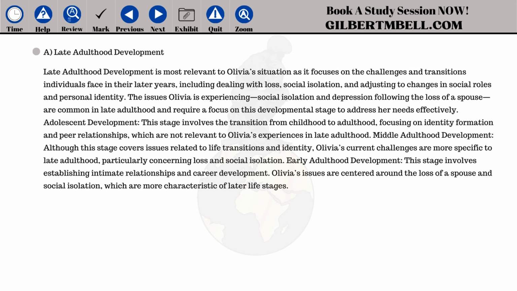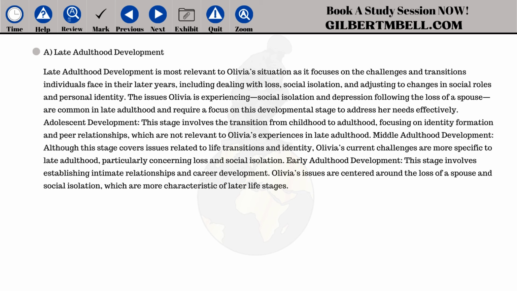A. Late adulthood development. Late adulthood development is most relevant to Olivia's situation as it focuses on the challenges and transitions individuals face in their later years, including dealing with loss, social isolation, and adjusting to changes in social roles and personal identity.